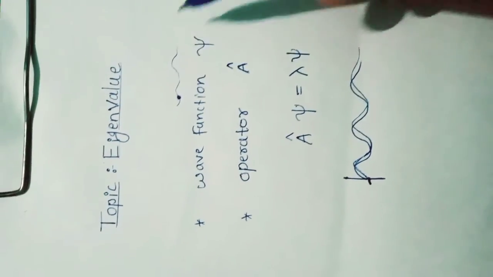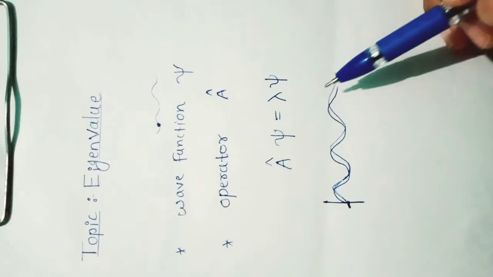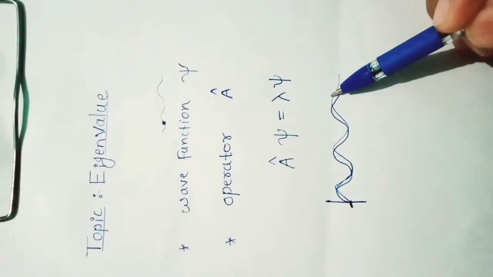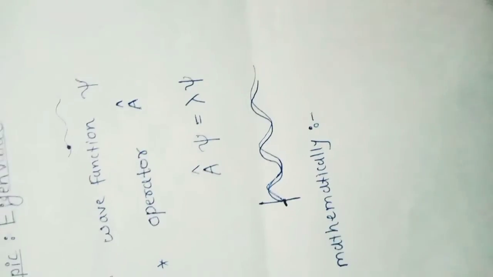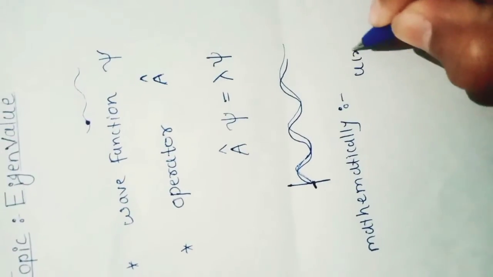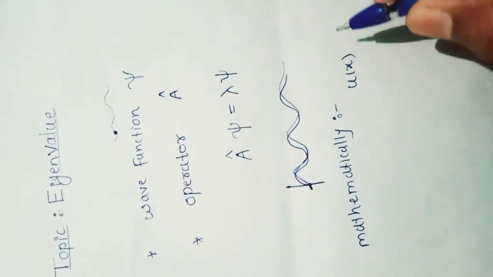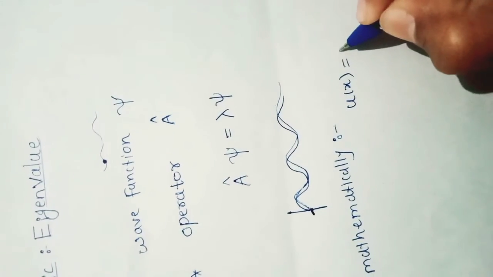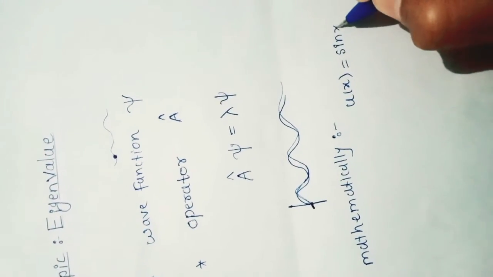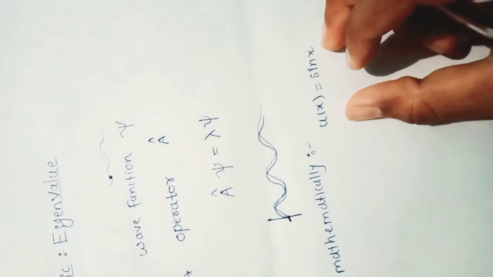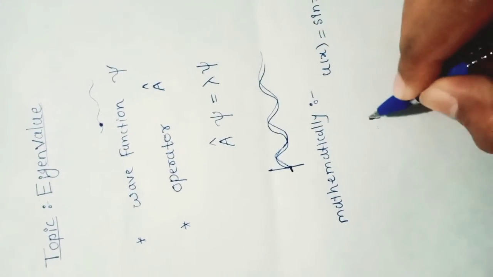So wave function and operator, we have seen theoretically, we have seen diagrammatically, now we will see mathematically. Now suppose we consider any wave function u(x), and suppose u(x) is equal to sin x. We considered that, and on that we have to apply the operator.